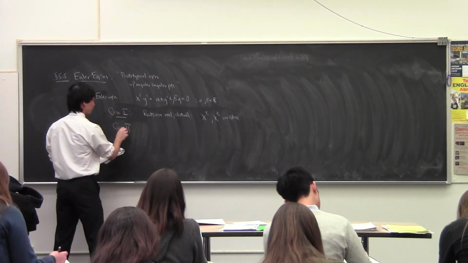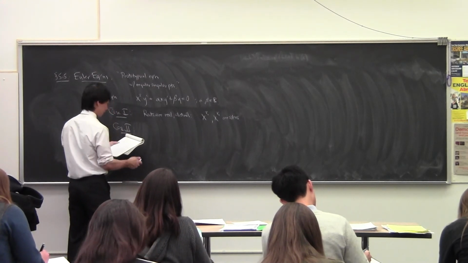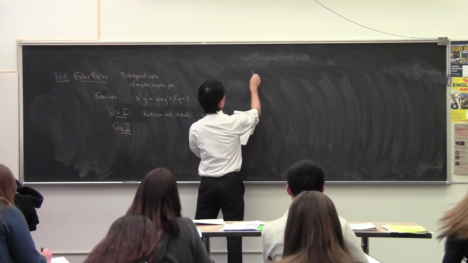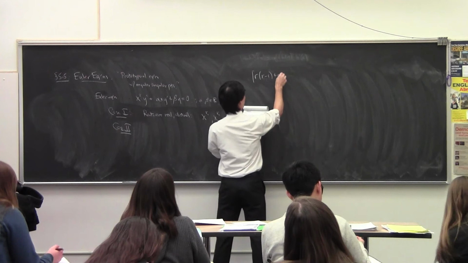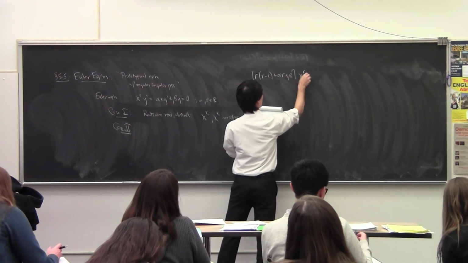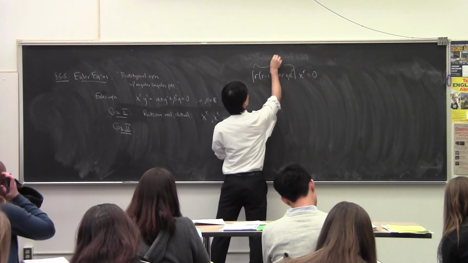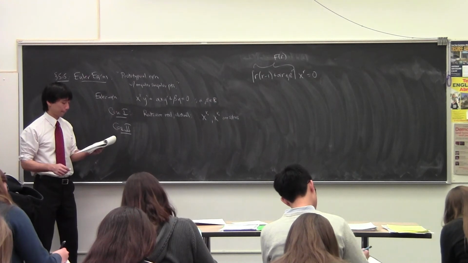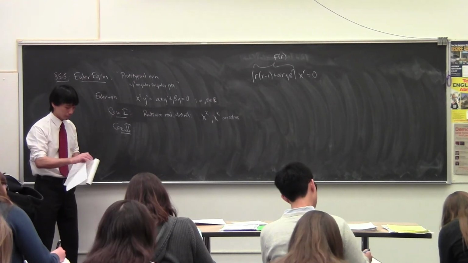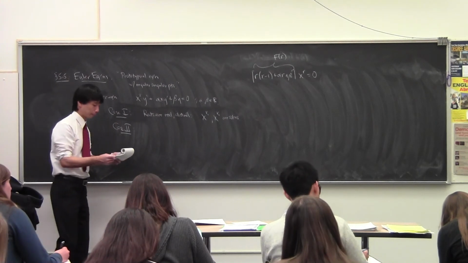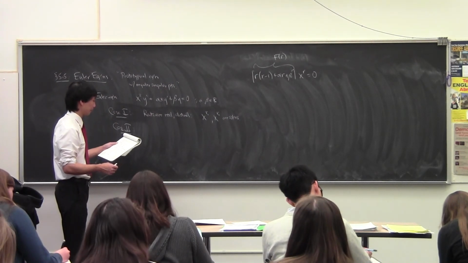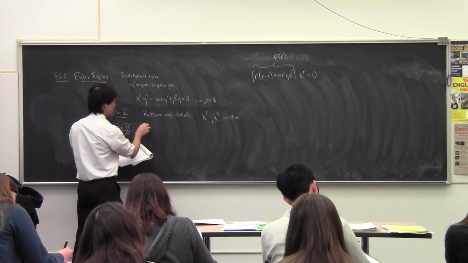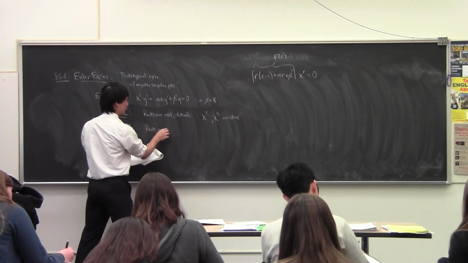Case 2. Let's call this thing f of r, r times r minus 1 plus alpha r plus beta. So in case 2, the roots are double.